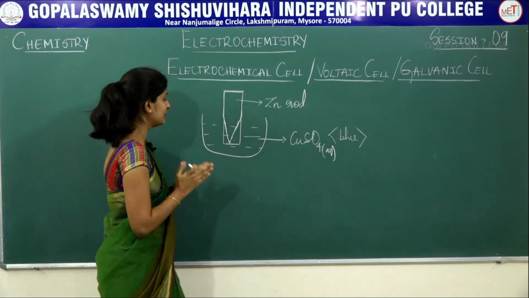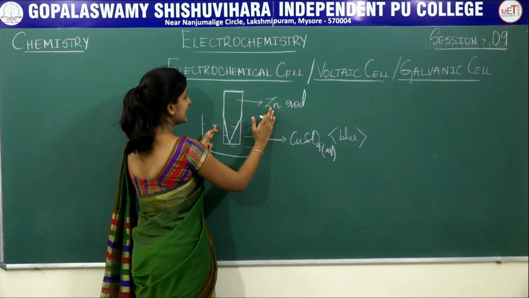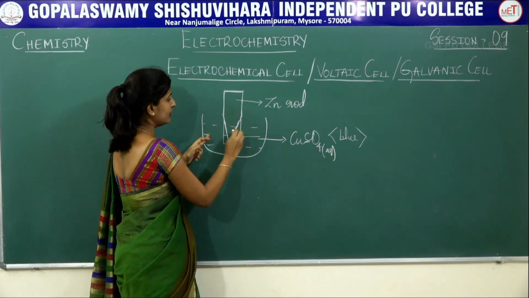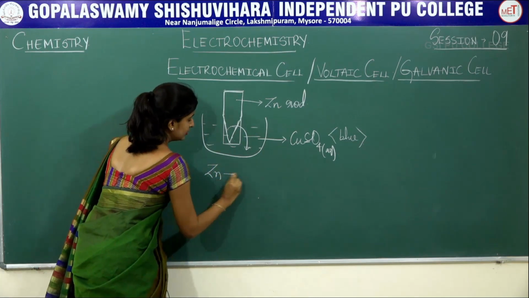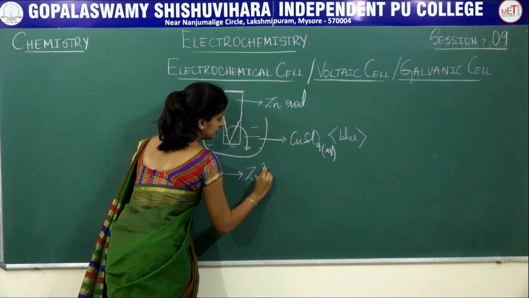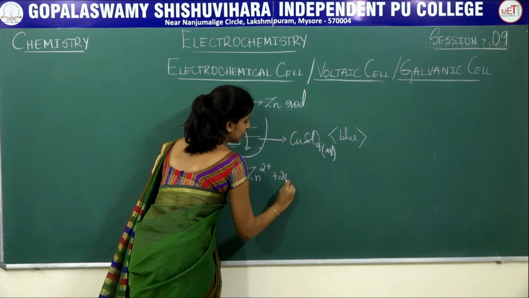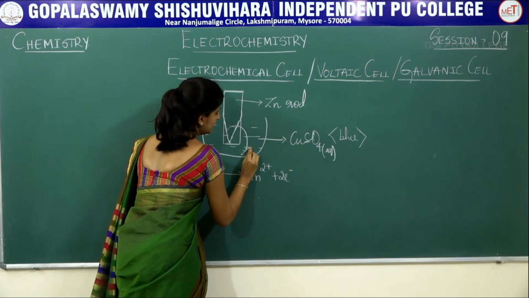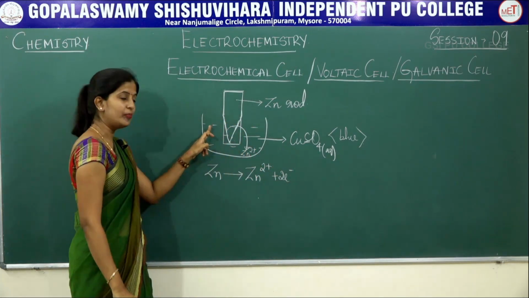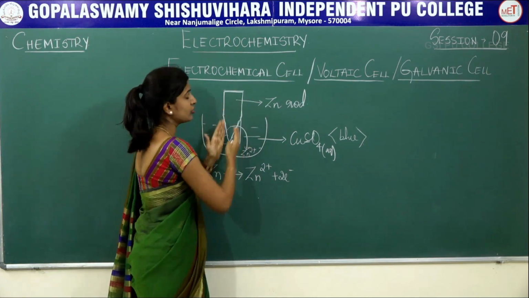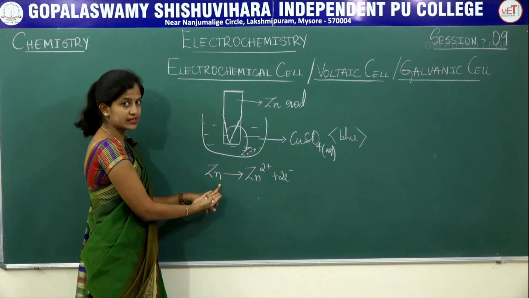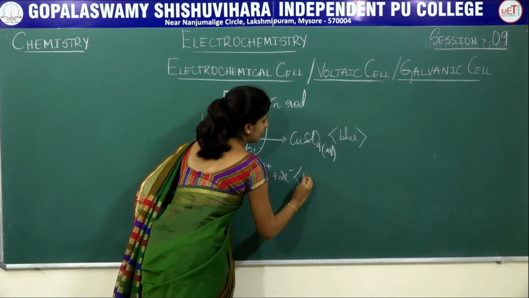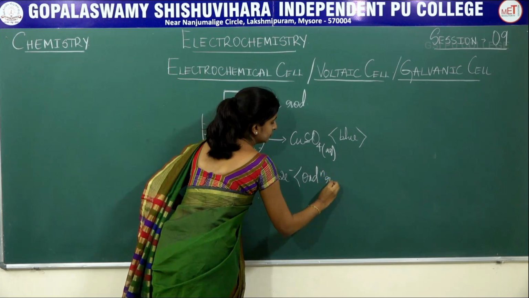That is because zinc atoms from the zinc rod enter the copper sulfate solution as Zn2+ plus 2 electrons. So zinc ions enter the solution, and as a result the zinc rod goes on thinning. This is a simple oxidation reaction.